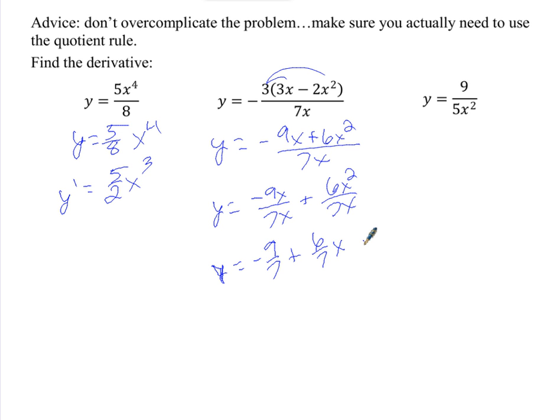And now I can take the derivative, which is y prime equals, the constant just goes away, and the 6/7 x turns into just 6/7. There's your answer. So, again, watch out. There's going to be a clue if you just have one term in the denominator. You can separate that out into separate fractions.